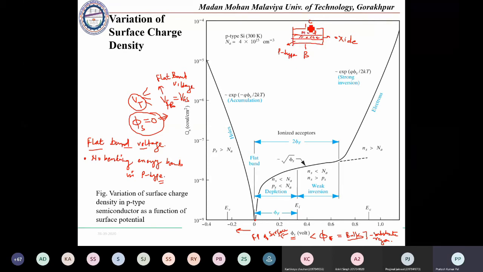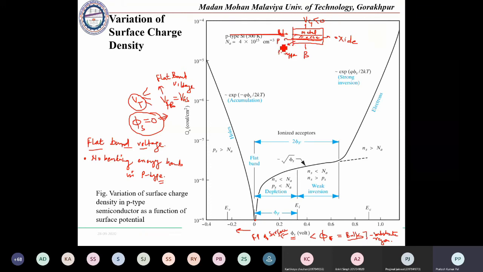Once we apply a gate voltage VG less than 0, what will be there at the surface, the interface region? The charge accumulated here will be p-type, that is, holes.